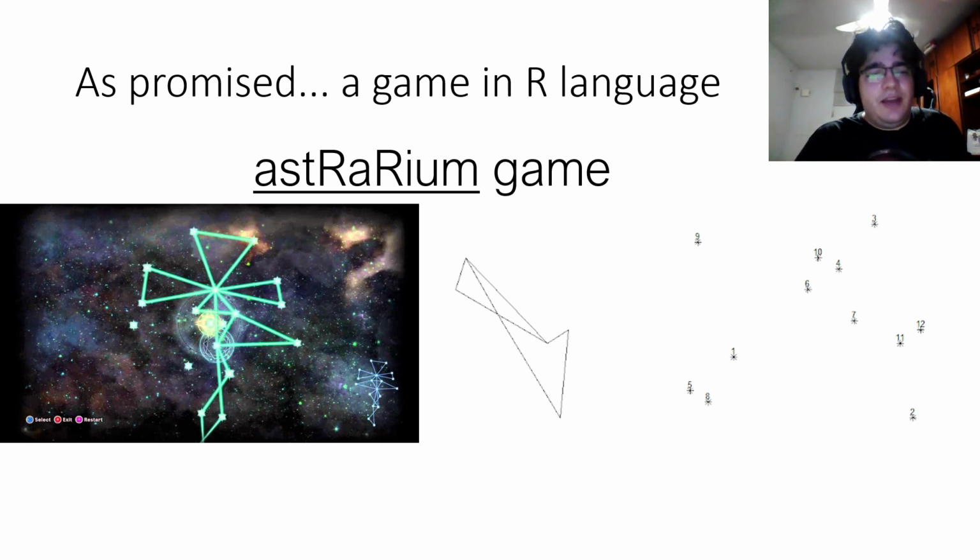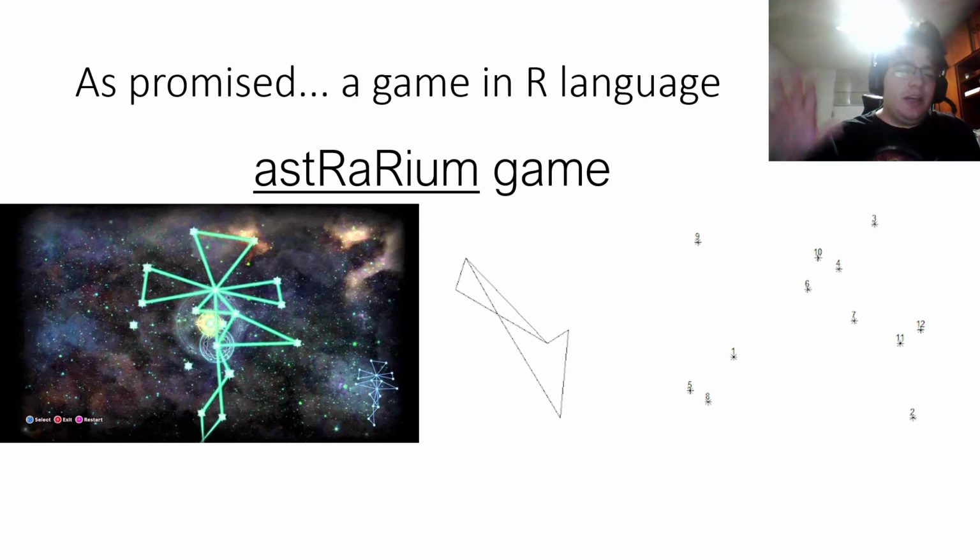So you have an image in some corner of the screen, and you had to create this image in a single stroke without doing two lines at the same place, so doing Eulerian paths.